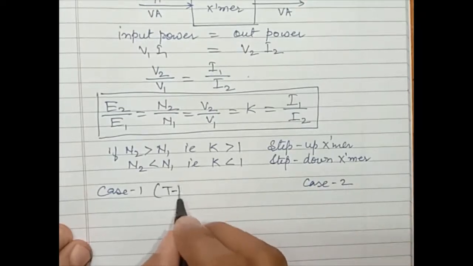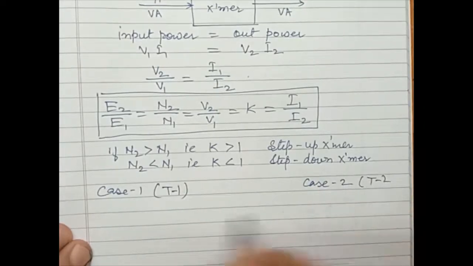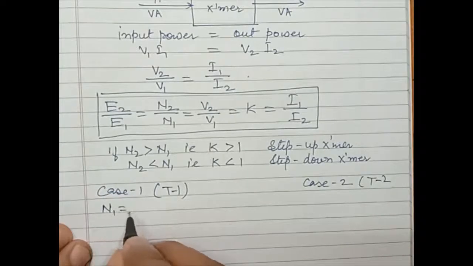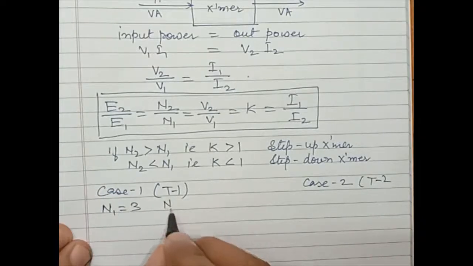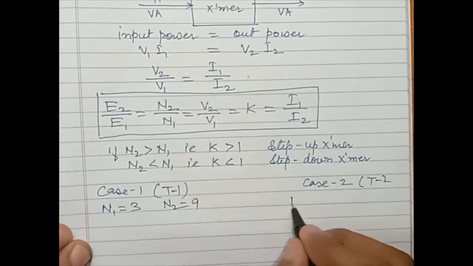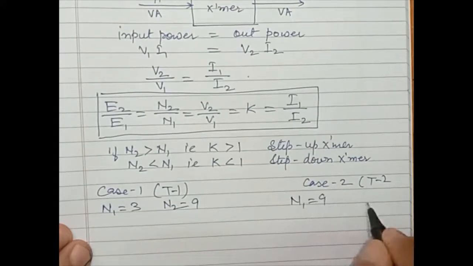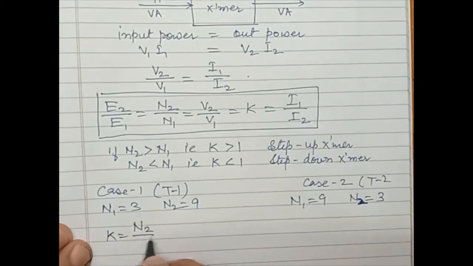You can justify this by putting in the values for case 1 and case 2, that is transformer T1 and transformer T2. Here we have N1 equal to 3, N2 equal to 9, and N1 equal to 9, N2 equal to 3. So K is equal to N2 divided by N1, which is 9 divided by 3, so K is equal to 3.